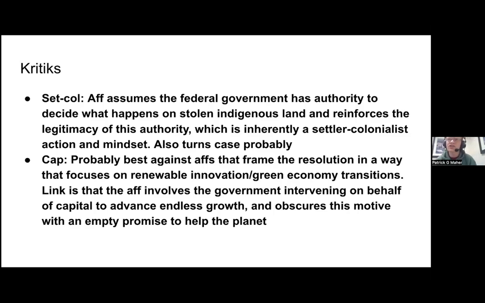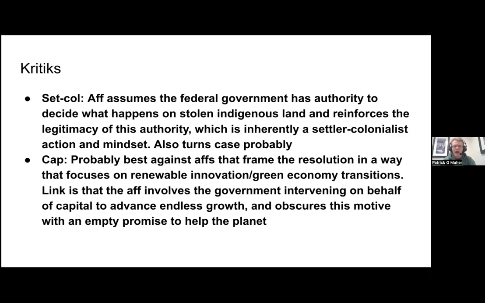Fossil fuel extraction also affects water, which means that it also affects these indigenous communities. Furthermore, the AF is assuming that the federal government has the authority to even manage this land in the first place, which is stolen. And then you can argue that it reinforces the legitimacy of the authority because you're working through the state. However, that's kind of just a state bad link, which isn't great.